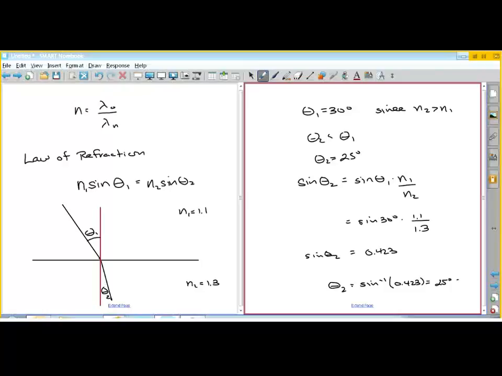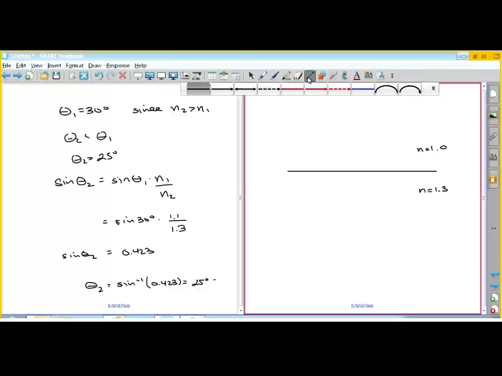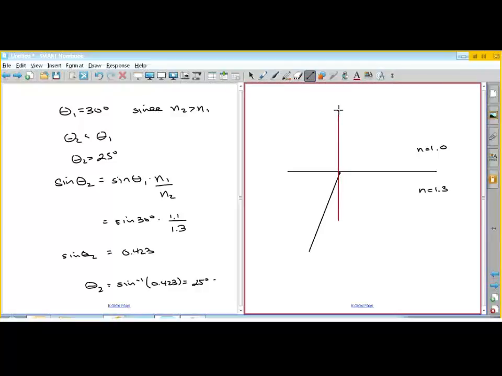Now if you're going the other direction, you can go both directions. You always think going in one direction, but let's say this is n equals 1.3 and this is air, n equals 1.0. You can still have light going in the other direction. So you go here, we draw a vertical line that's perpendicular to the surface at that point.